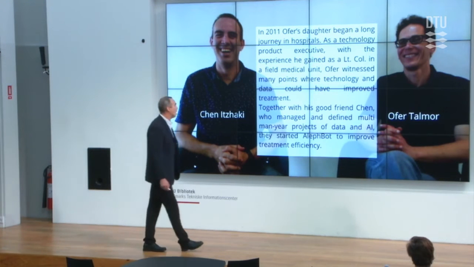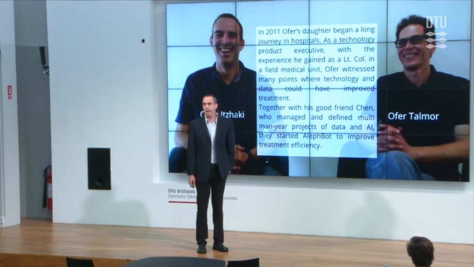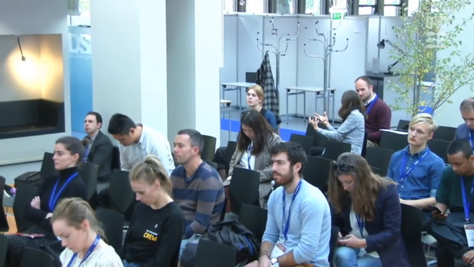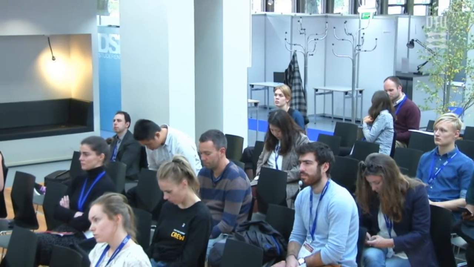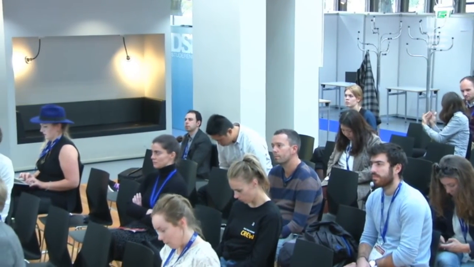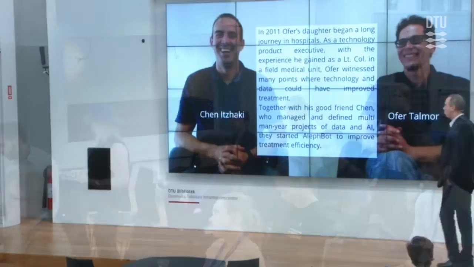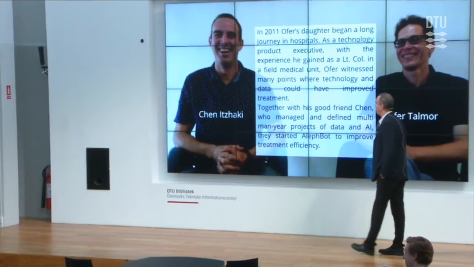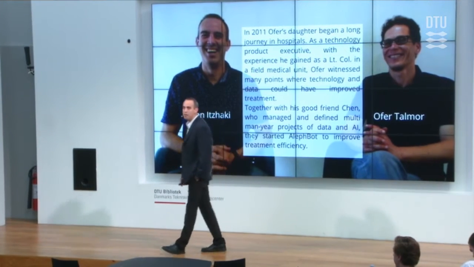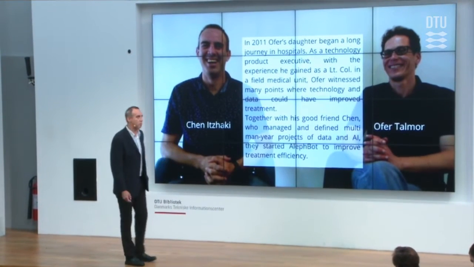Ophir is also commanding a medical unit in the army of 700 physicians. And unfortunately, Ophir is also a power user of the Israeli healthcare system due to a chronic disease of his daughter. We came with passion in order to really help improve medical procedures.